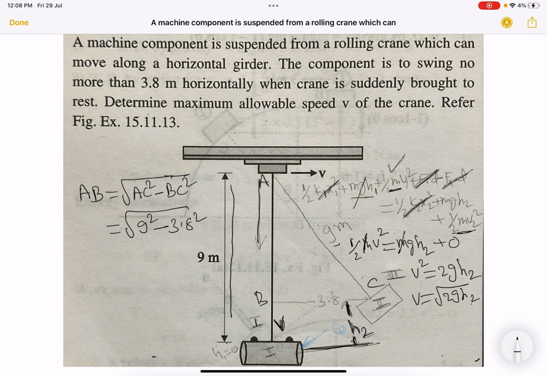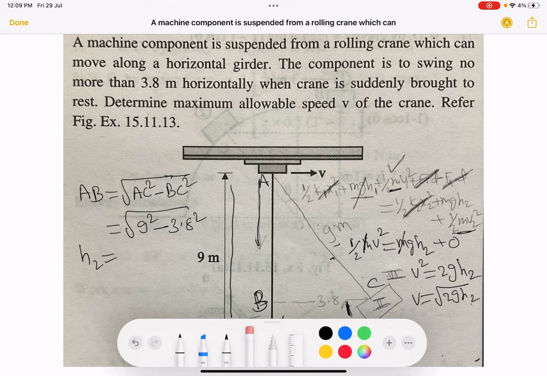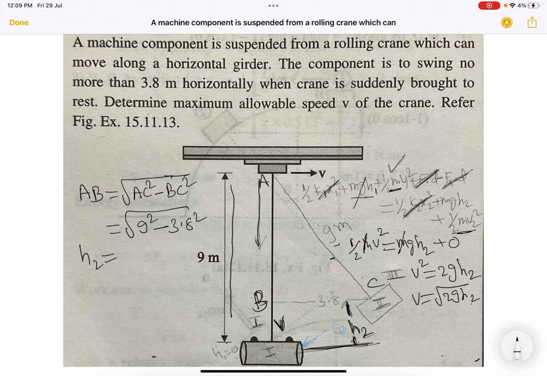Please note, this is B, this is A, and from here it is your h2.